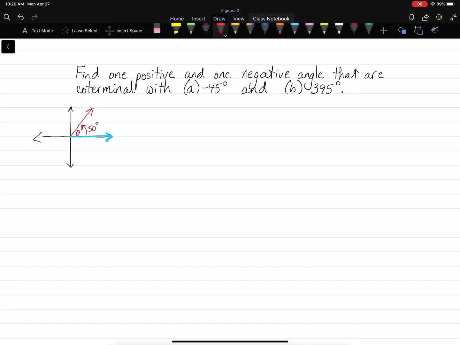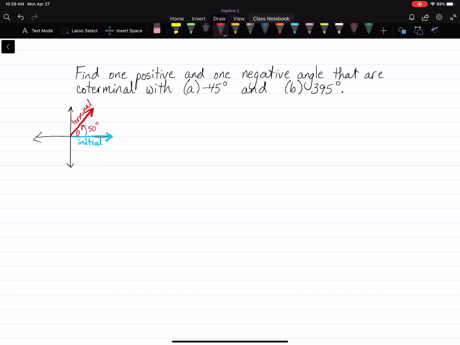And you have the terminal side. Now the terminal side is just where does the angle stop, okay? So you have, like I said, the initial side down here, and you have the terminal side there, okay?